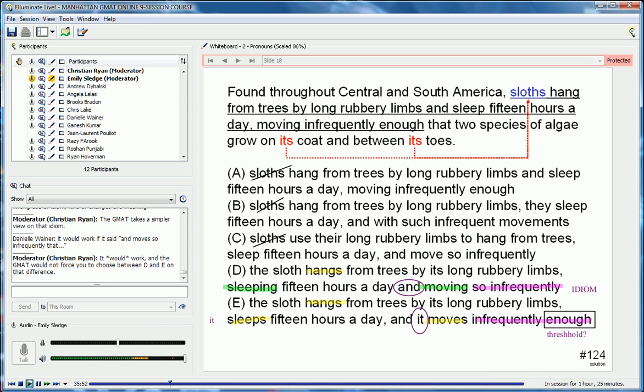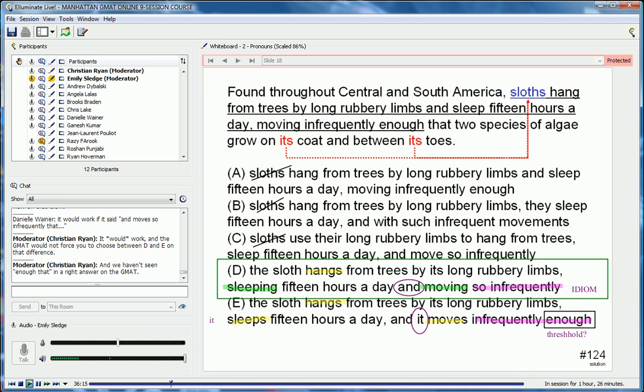Yeah, this enough changes the meaning, I think, as Danielle is saying. So infrequently that the algae grows is different. It indicates that you're moving very slowly and the algae grows as a side effect, an unintended consequence. And that's a little bit more close to the point. So D in this case is the right choice. Any remaining questions on this one?